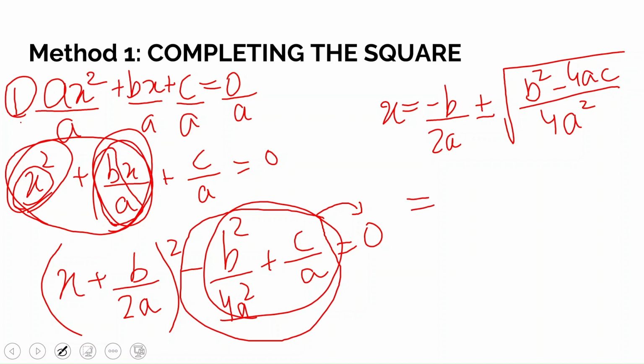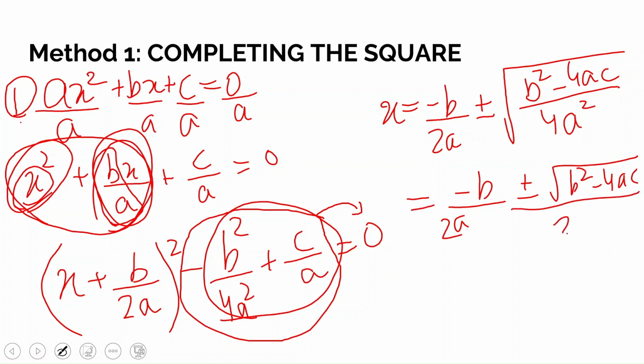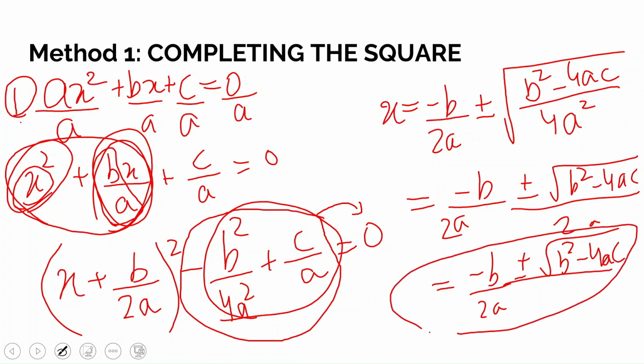Now over here we are just going to take the square root of 4a squared, which is going to be 2a again, and this will give us minus b by 2a plus minus the root of b squared minus 4ac, because they have the same common denominator. And this is nothing but the quadratic formula. Right, now what was the main step that I followed?